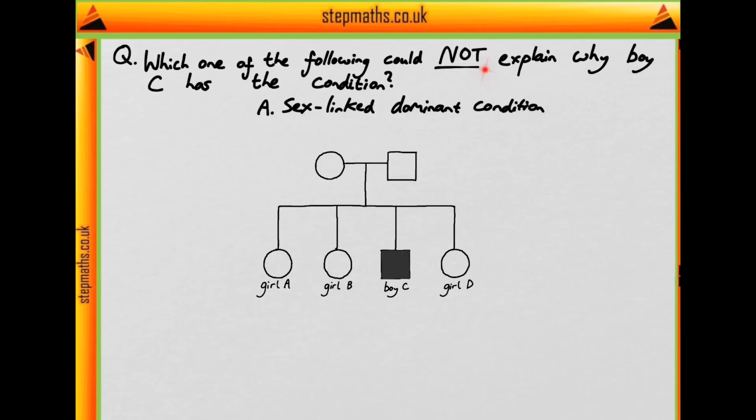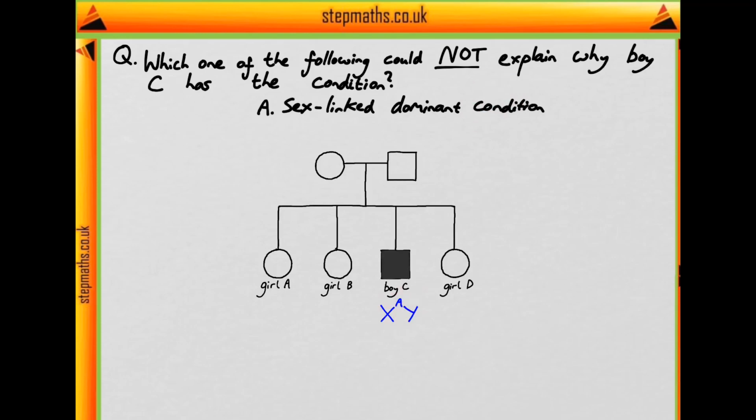So let's start with the sex-linked dominant condition. If this genetic condition is a sex-linked dominant condition, then the genotype of boy C must be XA Y, with A being the dominant allele for this gene. Let's call it gene A, which causes this genetic condition.